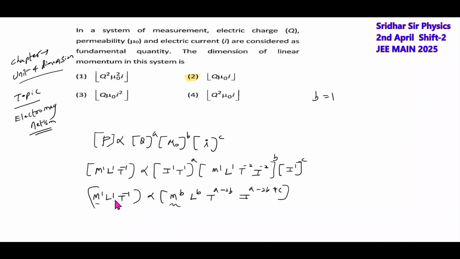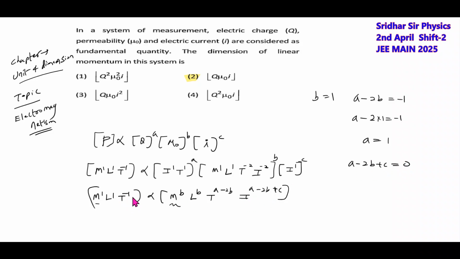L also from here. Then for T we'll equate like this: A minus 2B equal to minus 1. As B equal to 1, so A equals 2 into 1 minus 1. A equal to how much? It will be 1.